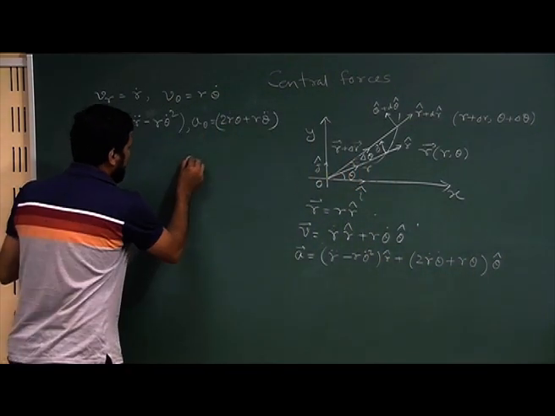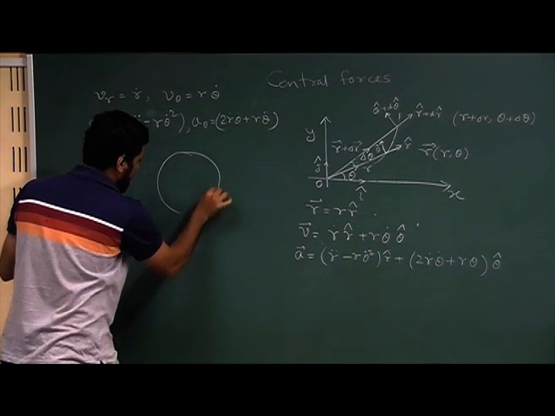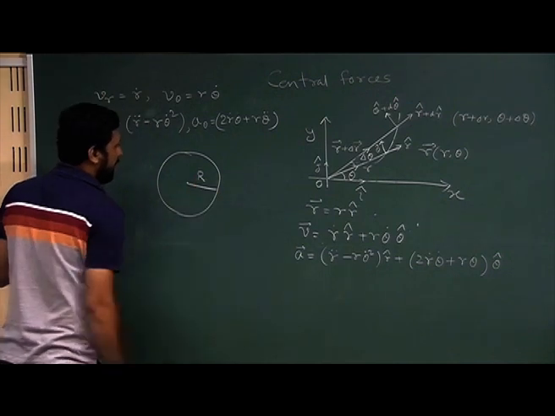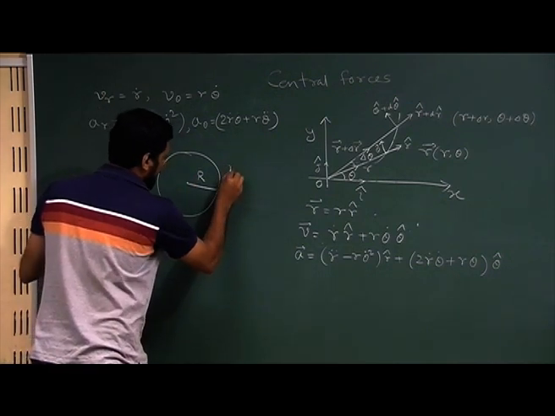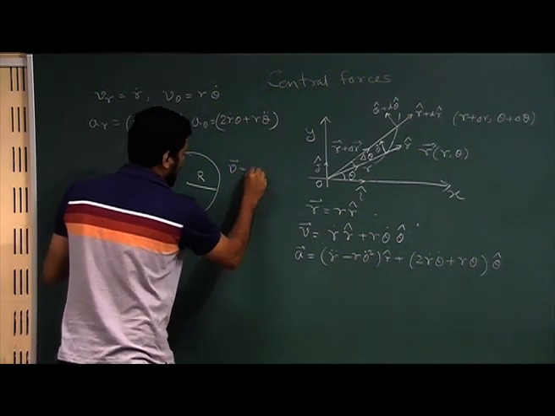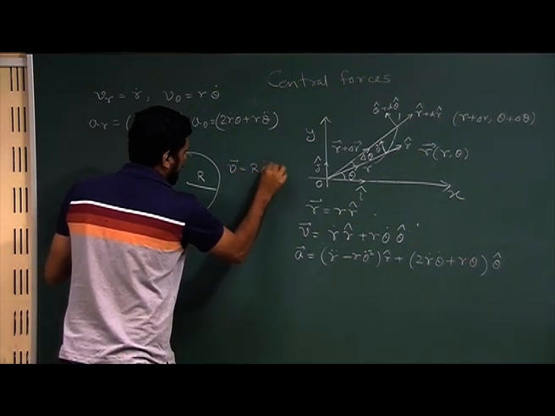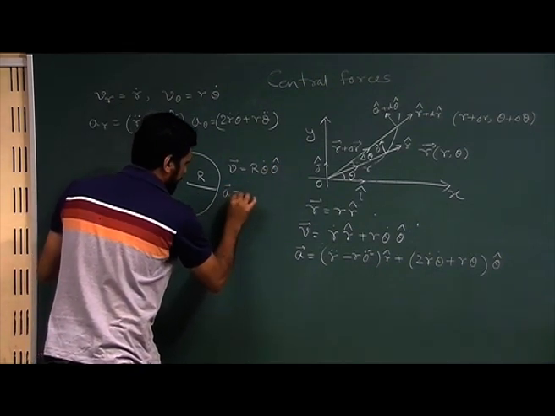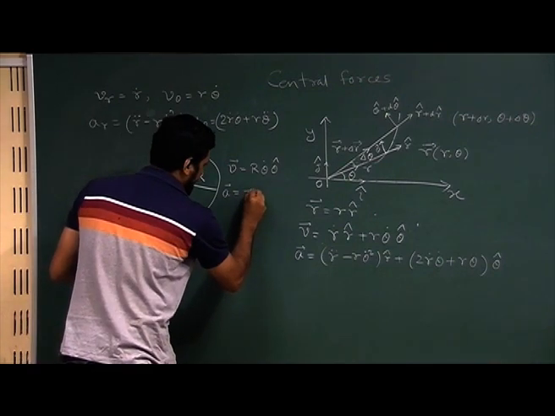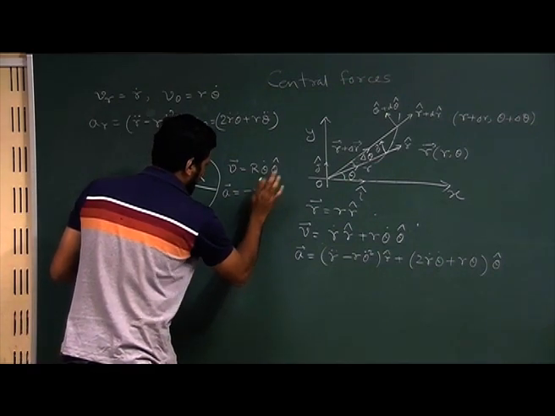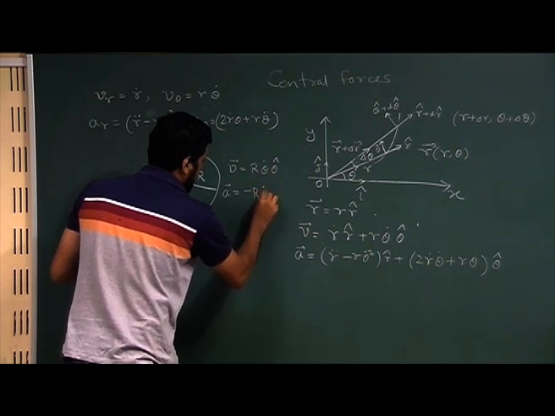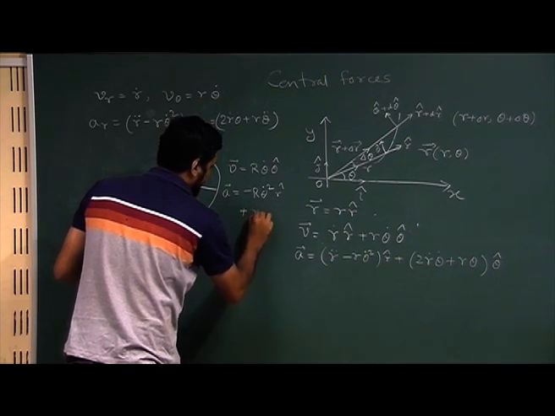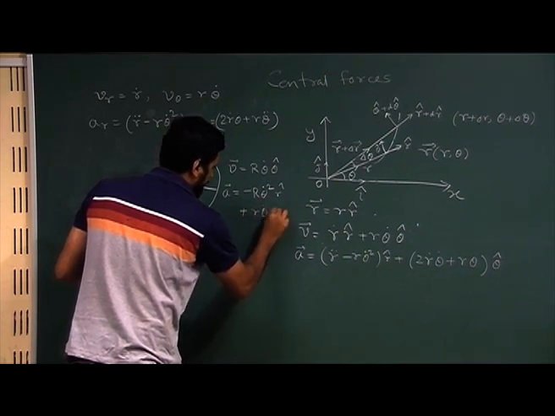So, for motion on a circular orbit, if a particle is moving on this circle with a fixed radius R, the velocity will be v equal to R theta dot theta cap, and acceleration will be equal to minus R theta dot square r cap plus R theta double dot theta cap.